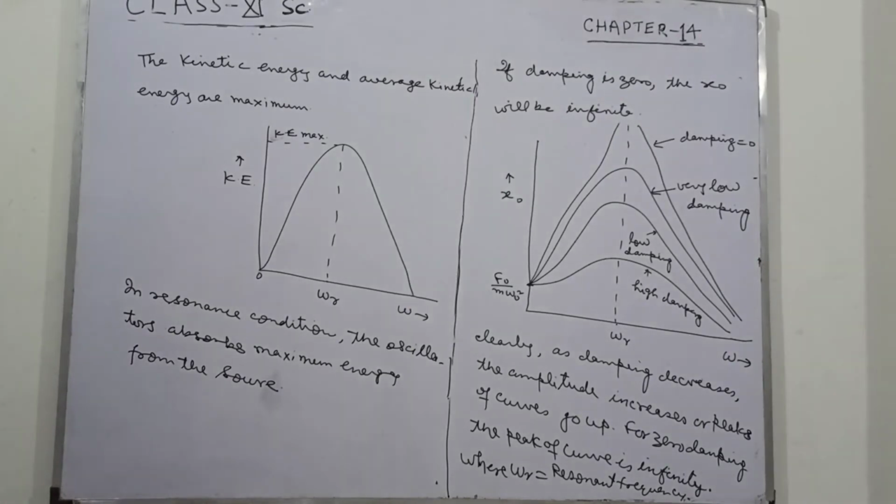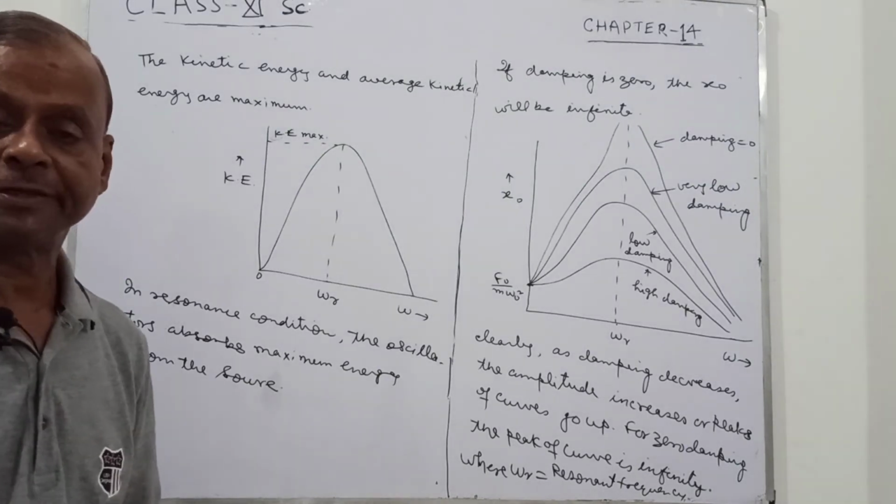So this is about the periodic force, these periodic oscillations, and there are so many examples of them. Examples of forced oscillations: you can see all your musical instruments have forced vibrations.